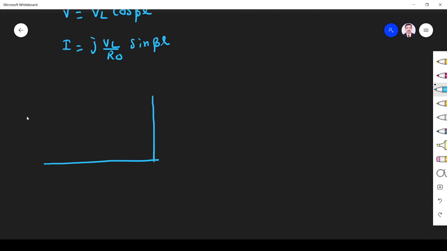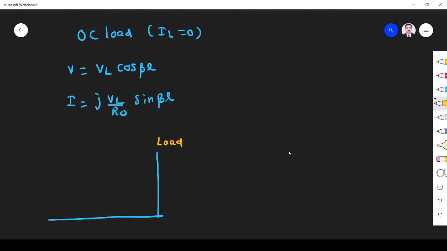Next thing we must know: it is an open circuit load, so at the load the current will be 0. This is the load. Let us assume this is the length. At the load the current will be 0, and the diagram for current will appear like this.